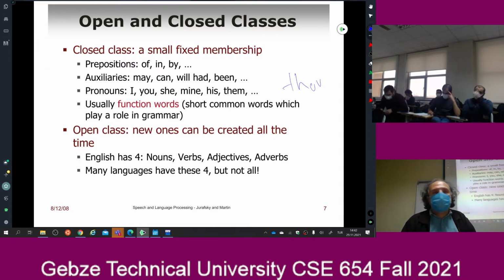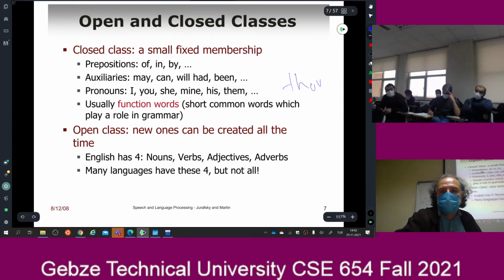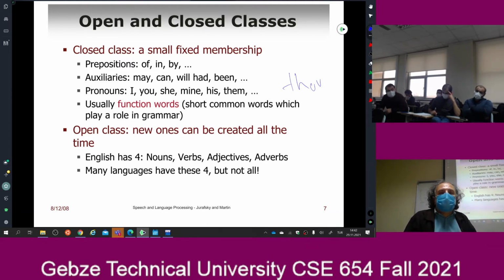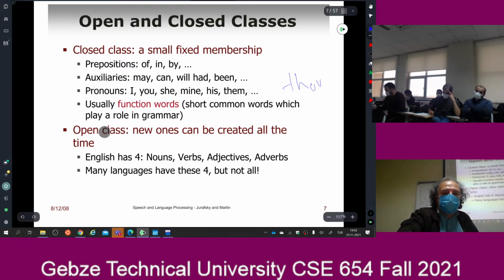That's it. You cannot make up new prepositions or auxiliaries. Very limited set. Pronouns, etc. These are closed class words, a small fixed membership. Maybe these are easier compared to the other ones, which are the open class words.